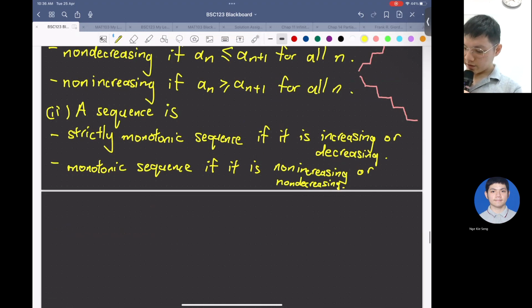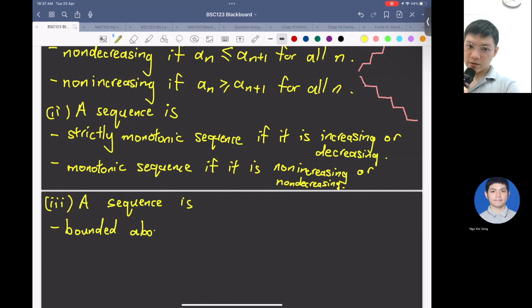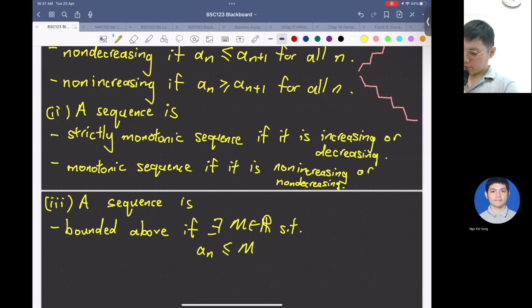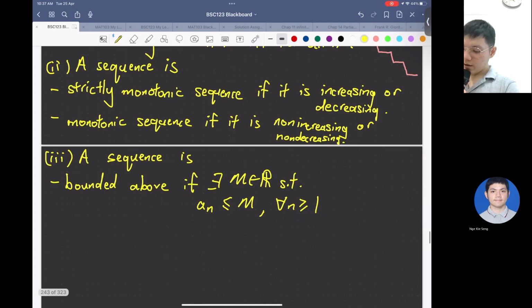Please bear with me for a moment. I need the third definition; only then can we put these three together to form the theorem. A sequence is bounded above if there is a number M such that every term is less than or equal to M for all n greater than or equal to 1.